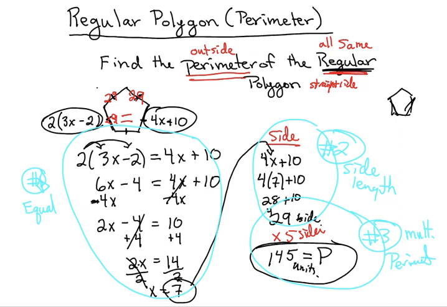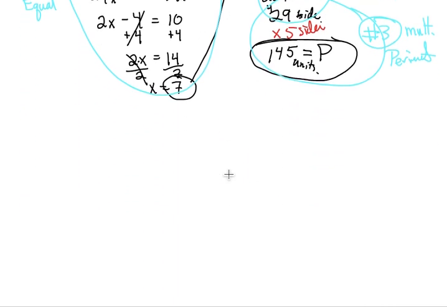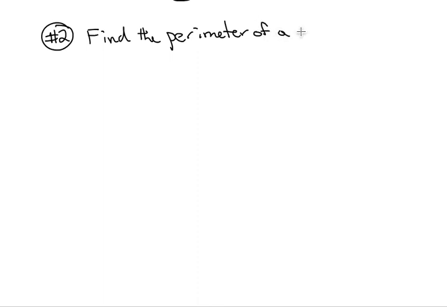So to go through another one, we're going to do a perimeter problem of a regular octagon. So example number 2, we're going to find the perimeter of a regular octagon.